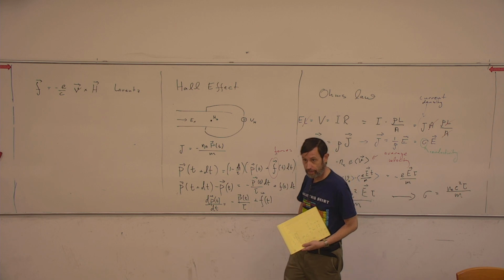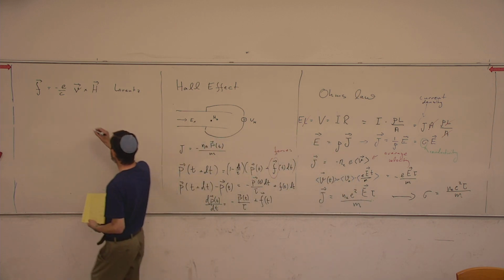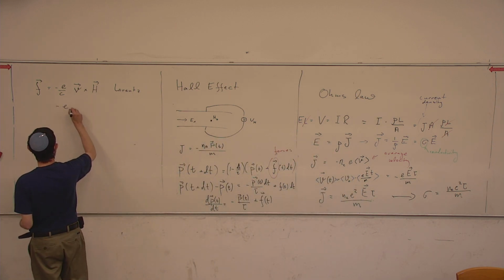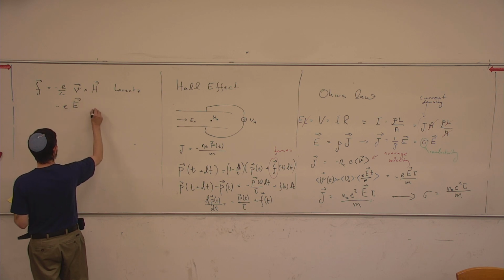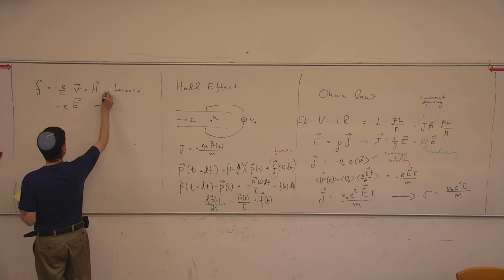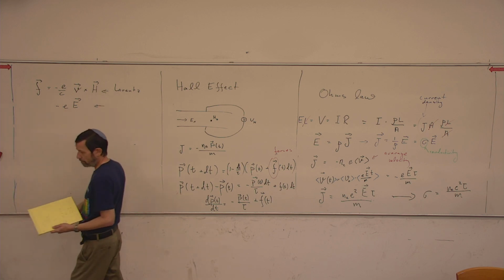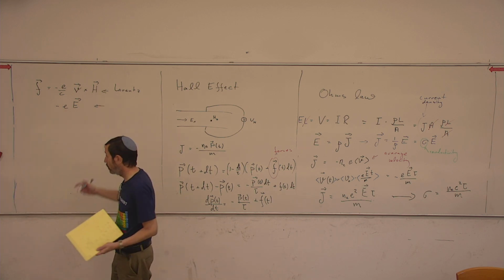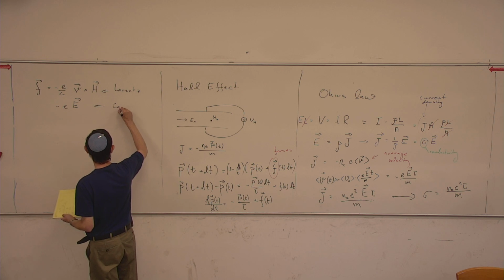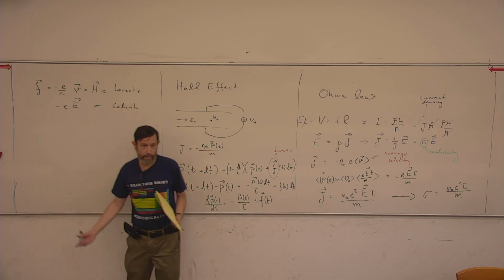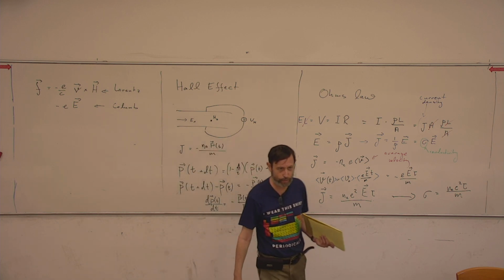The other term is Lorentz, and this is Coulomb. Okay, these are the two ingredients that we have in the game.